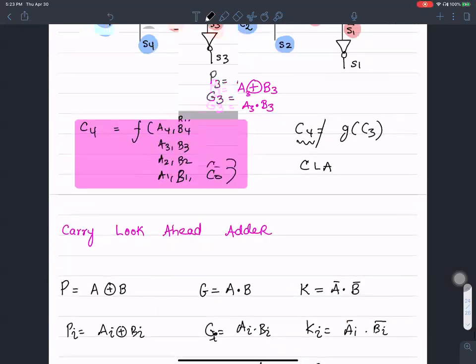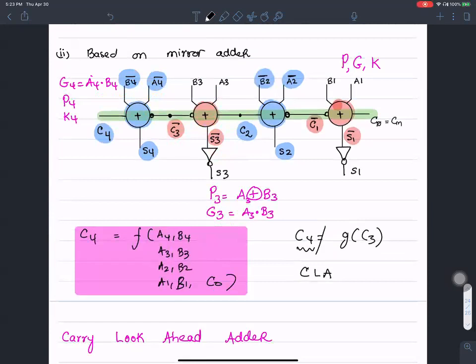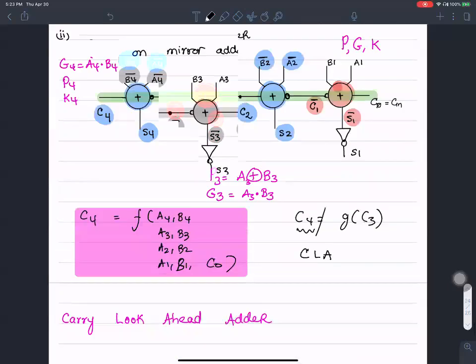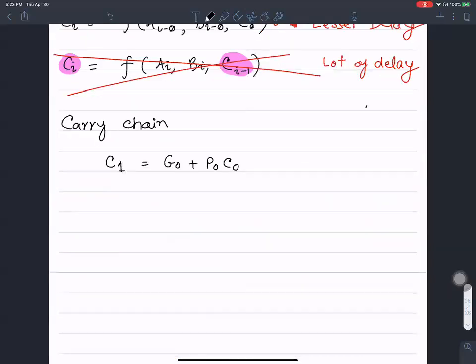In other words, I'm trying to add A0, B0, A1, A2, and A3, which is a 4-bit number A. There's another 4-bit number B, which is B3, B2, B1, and B0.